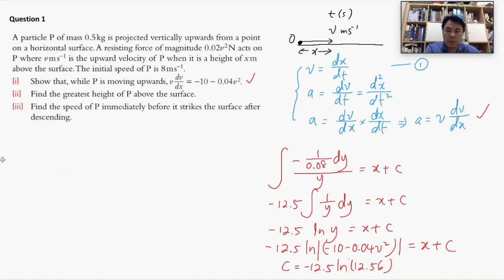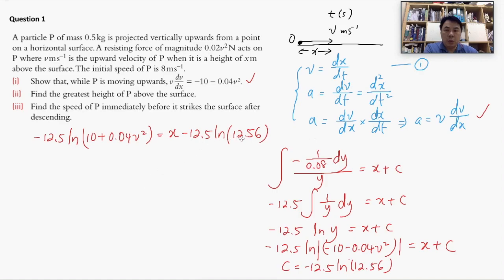So from here, I can rewrite my equation as negative 12.5 ln. Since this is modulus, I might as well just change it to 10 plus 0.04 v squared equal to x. c is minus 12.5 ln 12.56.